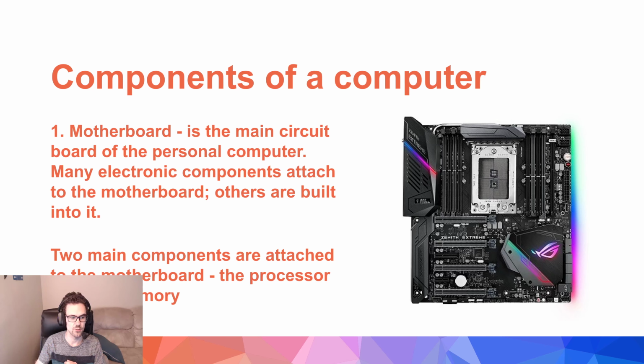All right, so a motherboard is the main circuit board for a personal computer. Many electronic components are attached to the motherboard and others are built in. As you can see in the picture here, we've got lots of different channels, and those hold our RAM sticks, which I will talk about in a second. In the middle, we have a big square, and that is where the processor sits. Then we have these lines going this direction horizontally, and that's where your graphics card would slot in.